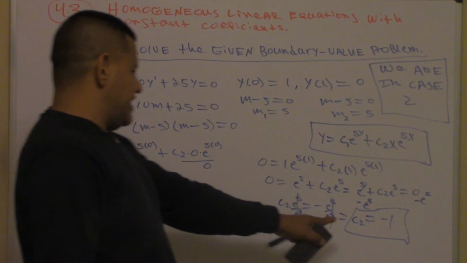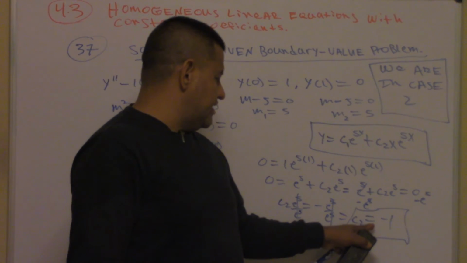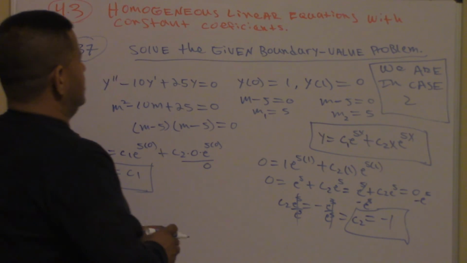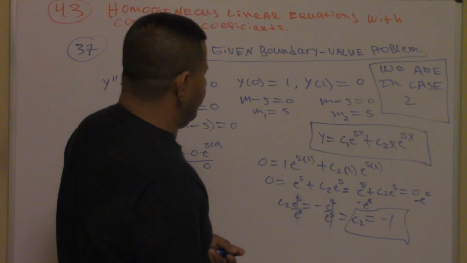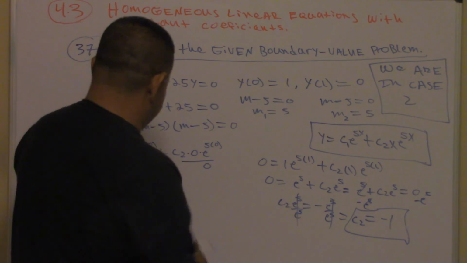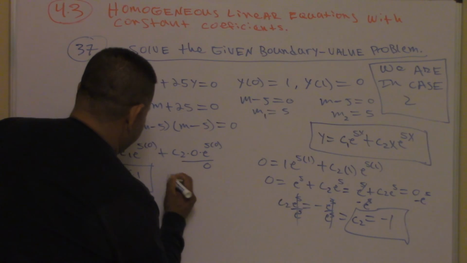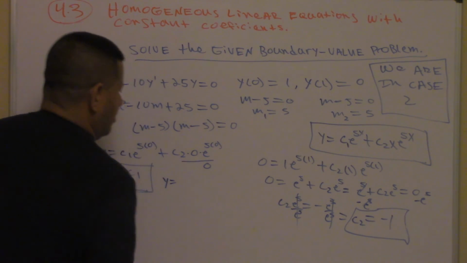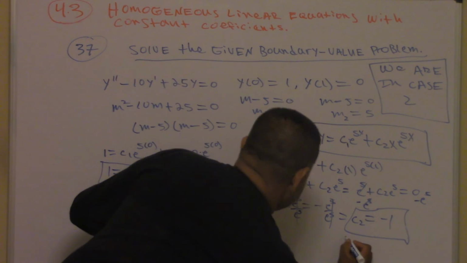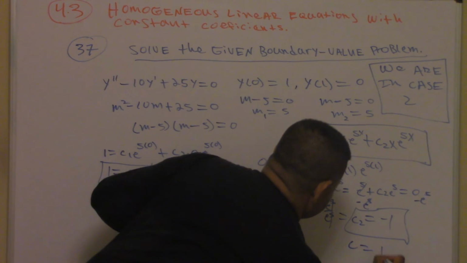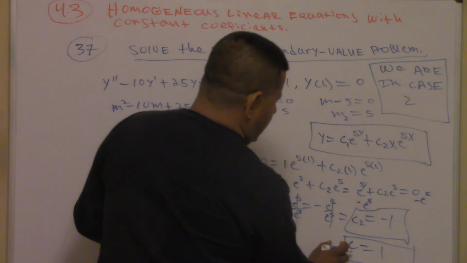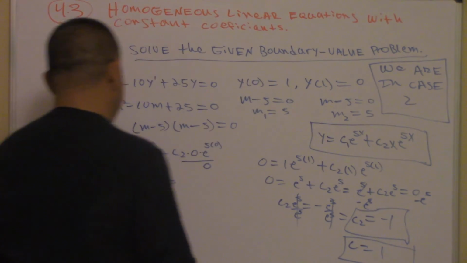Okay, now that I have C2 equal to negative 1, I am going to write the final solution. C1 is equal to 1, C2 is equal to negative 1, okay?